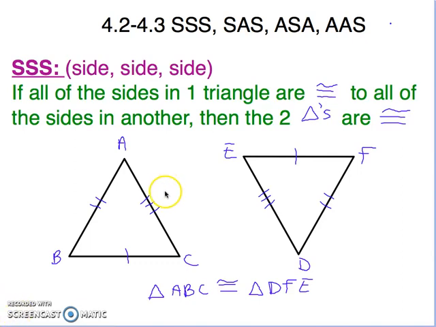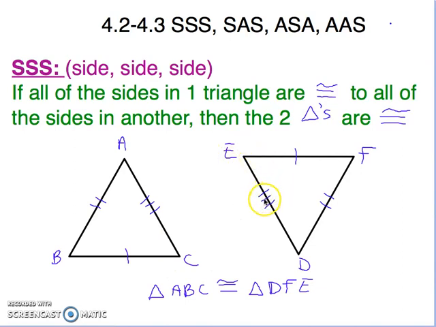So if I know that the triangles are congruent because of side, side, side, I can go into these pictures and I know that angle A, since it is the first letter, has to be congruent to angle D. Angle B has to be congruent to angle F. And angle C has to be congruent to angle E. That's the side-side-side theorem.